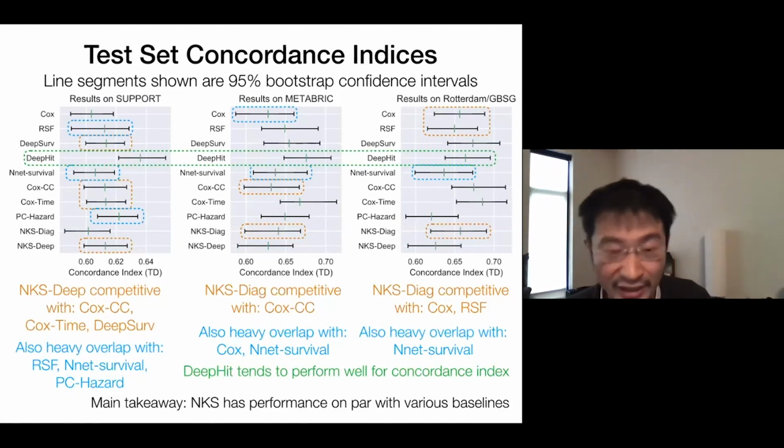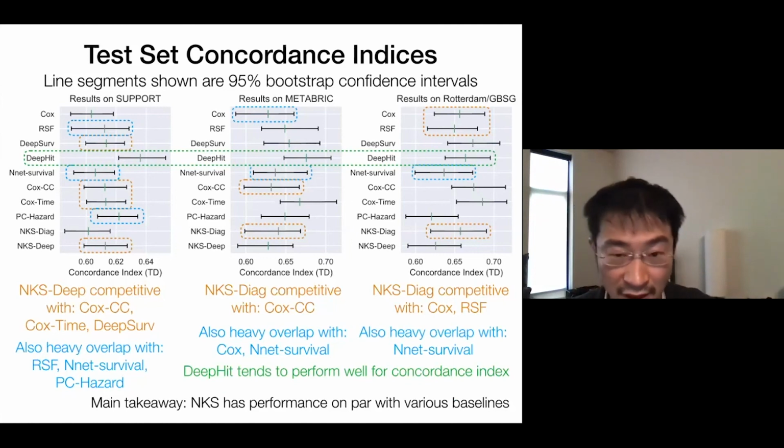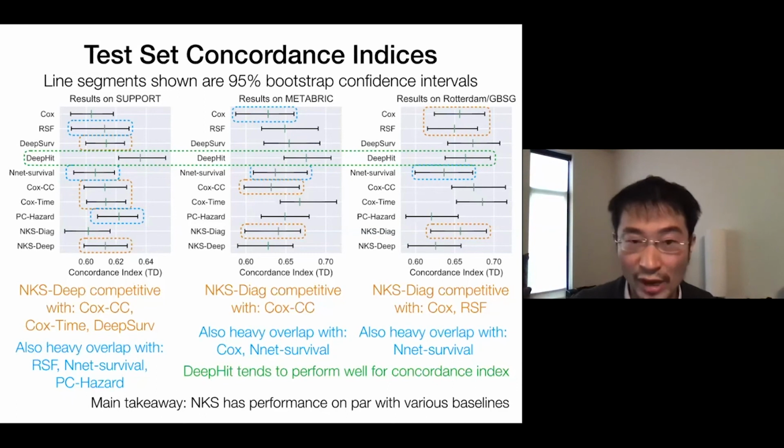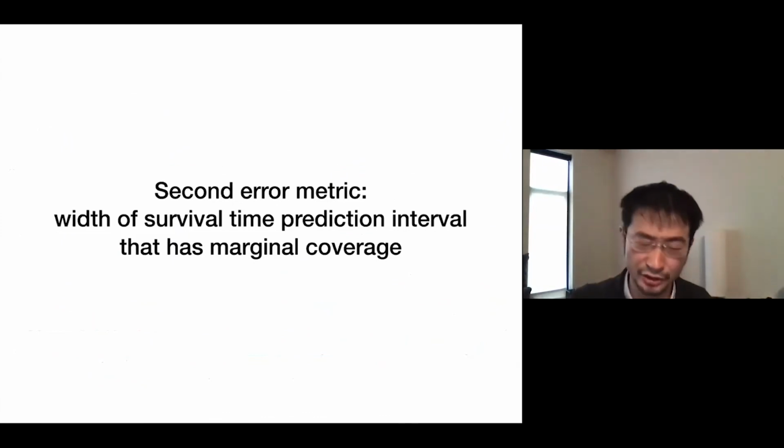It definitely doesn't do the best, but it is competitive with some of the existing neural net baselines. But right now we're only looking at these C indices. Things are going to be a bit different when we talk about the second error metric, the width of the survival time prediction intervals.